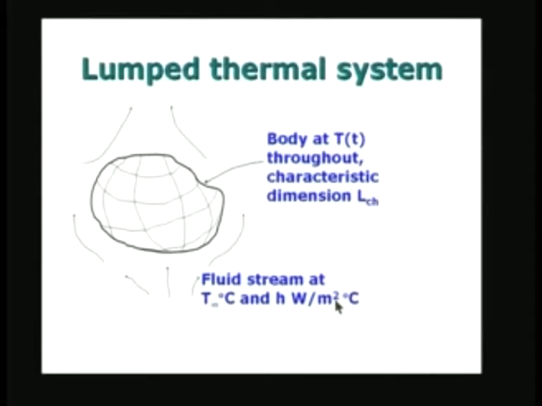There are several different ways of looking at it. For example, if the temperature is the same, T infinity is constant, and initially the body is at a temperature different from the temperature of the fluid, and let us say we turn on the heat transfer coefficient by turning on a fan, for example, or some method by which the flow takes place, then immediately the temperature of the system starts changing.